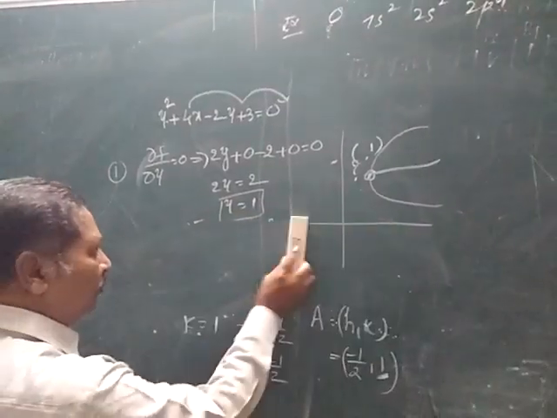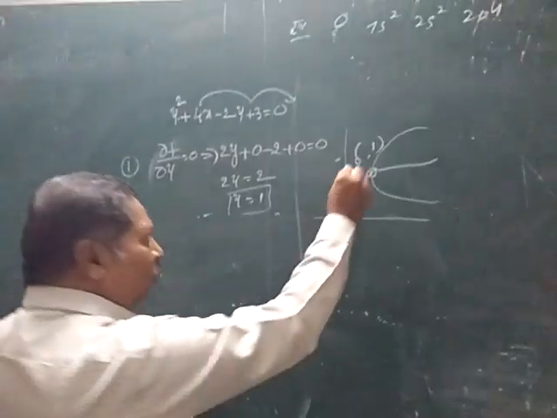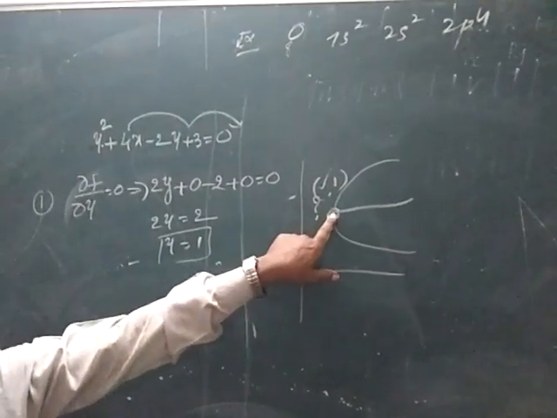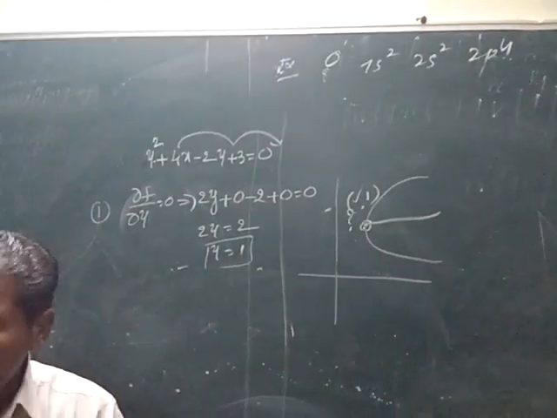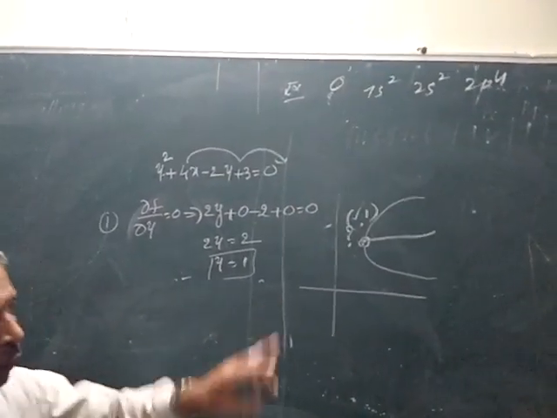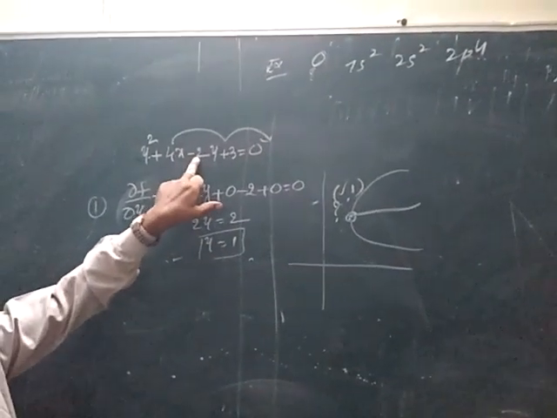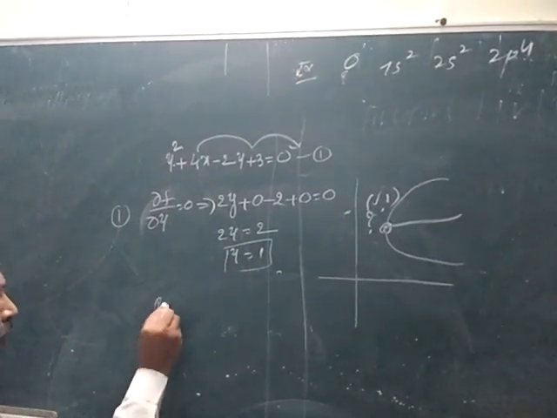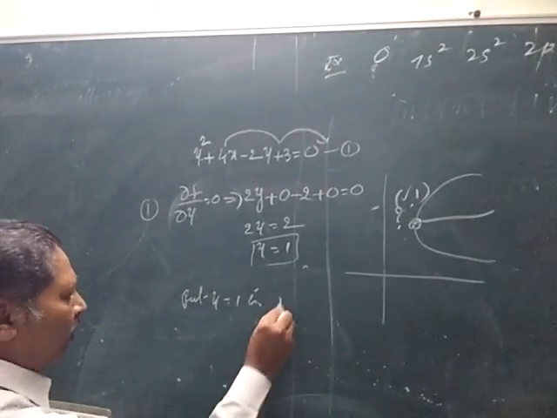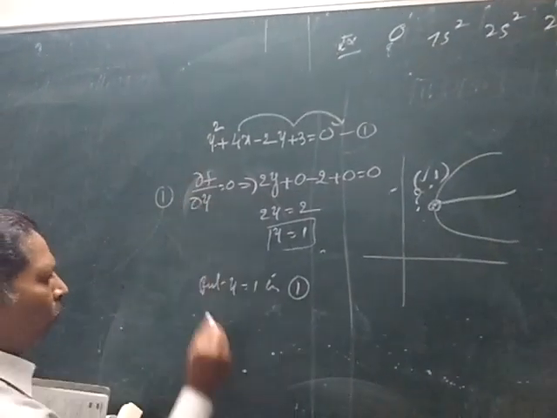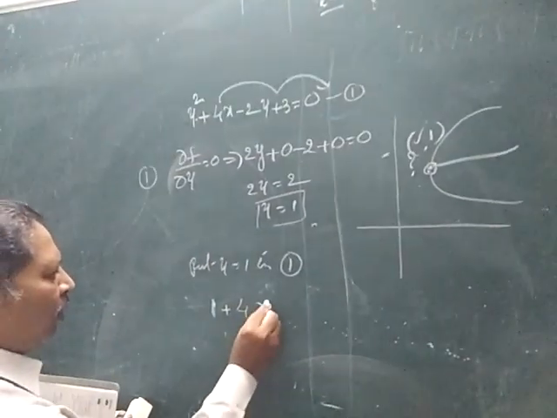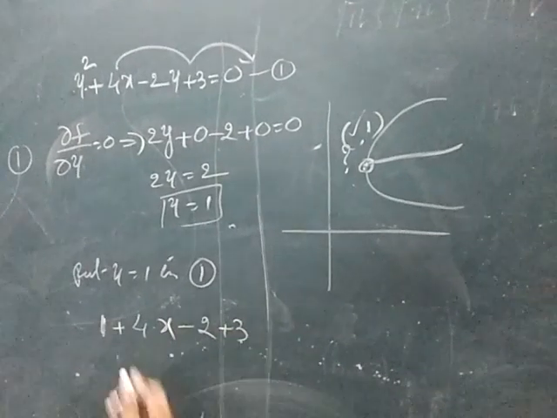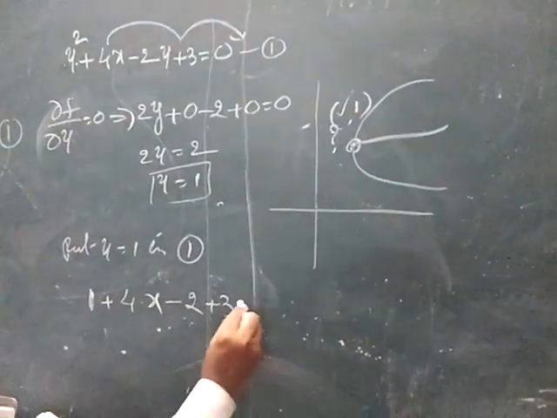Next, how to find the x coordinate? This vertex point lies on the parabola, so substitute this value in the given equation, which is equation number 1. Put y equal to 1 in the first equation: 1 plus 4x minus 2 into 1 plus 3 equal to 0.